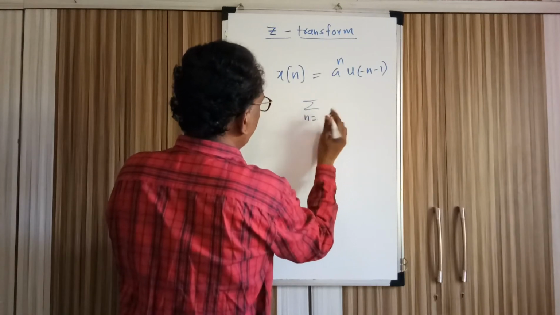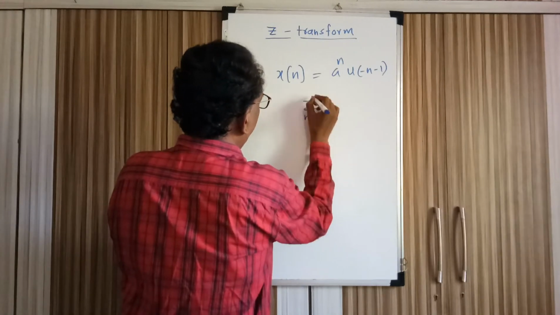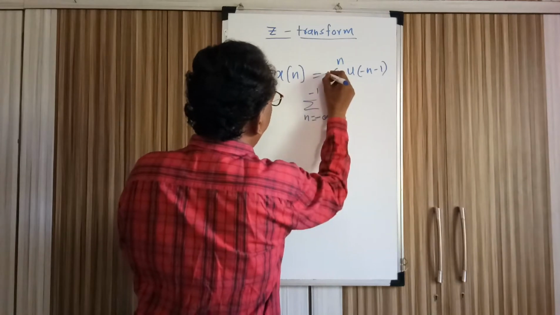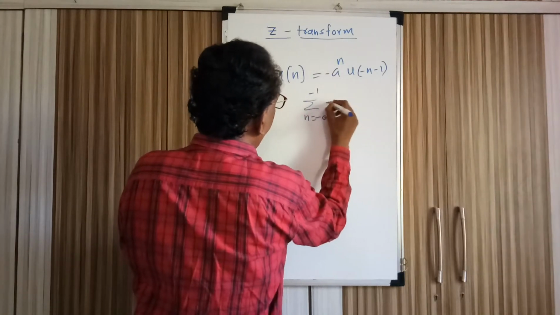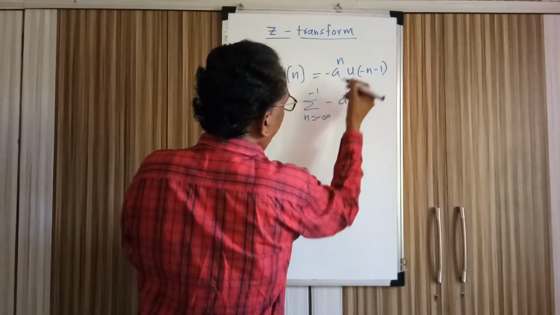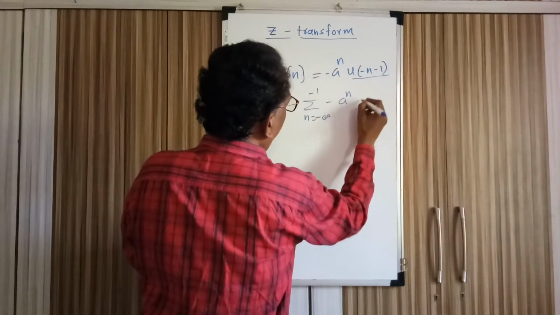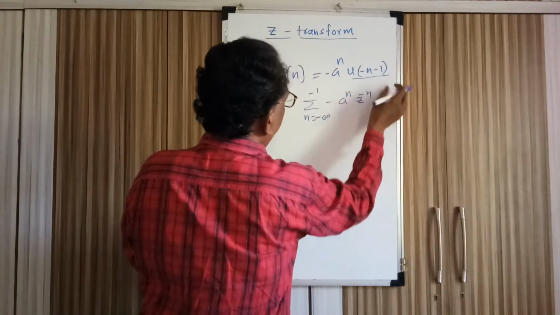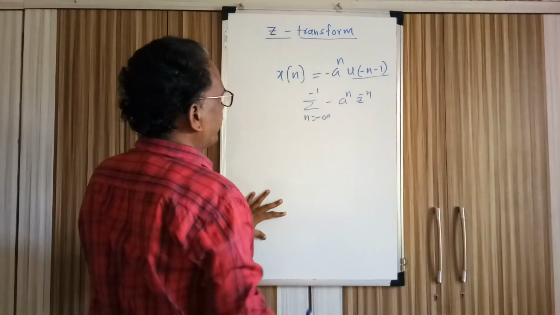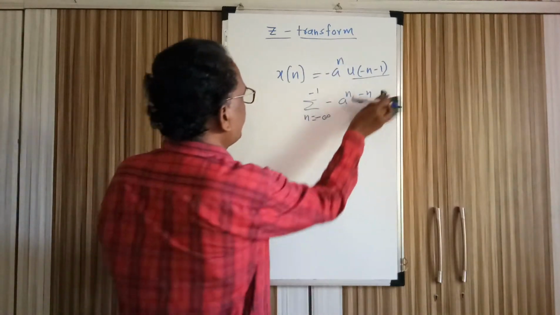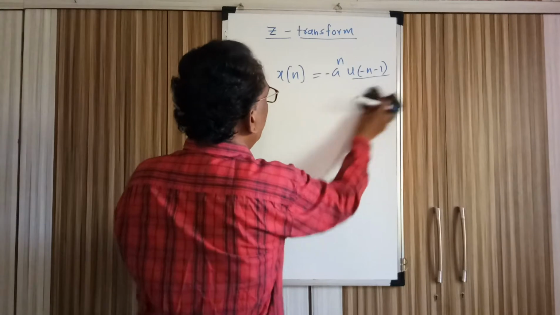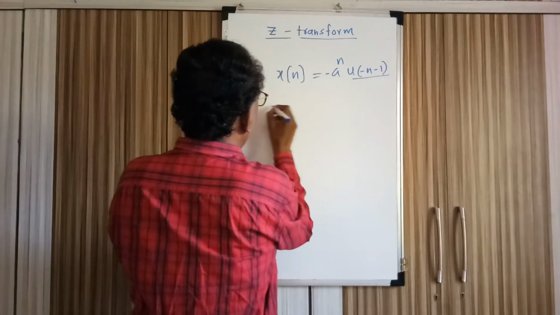Here first you should write the lower limit and then the upper limit. And the minus sign is also there, remember. So minus a raised to n, I have taken everything into account. Z raised to minus n, u of minus n minus 1 is taken into account, or otherwise you take one more step. Those who are new to unit step sequences may be facing problems.